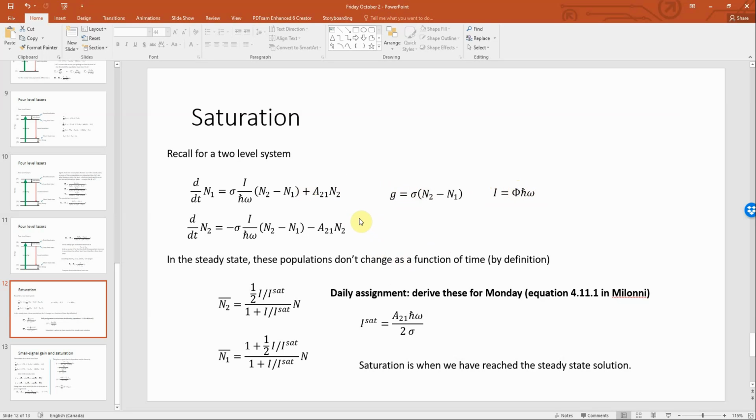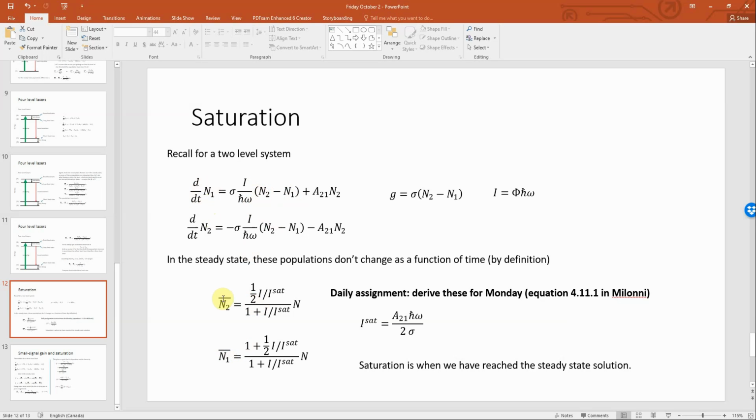So your daily assignment for Monday is to go from these equations here down to equation 4.1.1, which are these two equations here. You find that, again, in the steady state, that's when the population doesn't change. So you set this equal to 0, and then you find what the value of n2 is and the value of n1.